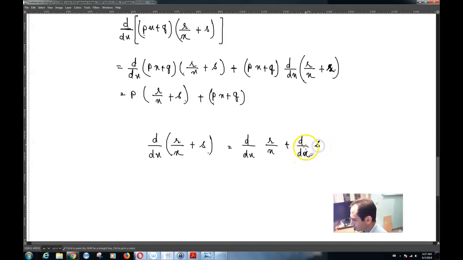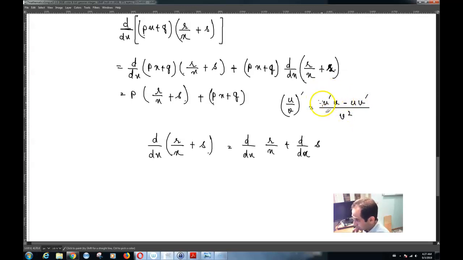For d by dx of r over x, you can use the quotient rule. The quotient rule tells you that (u divided by v) prime is equal to (u prime times v minus u times v prime) over v squared.